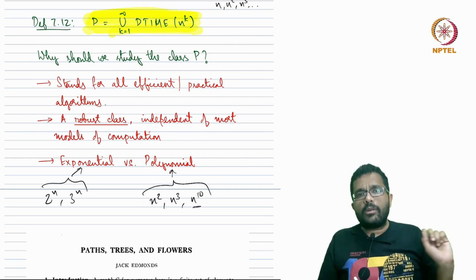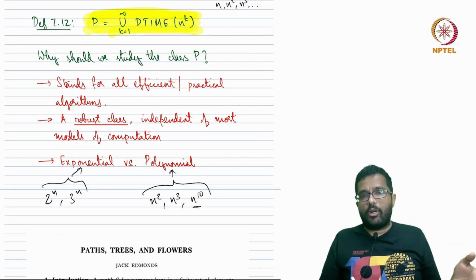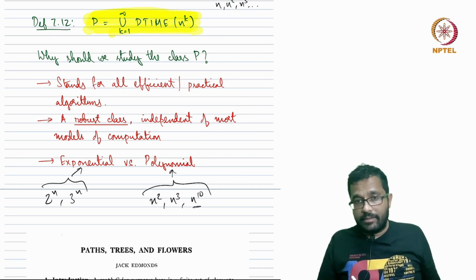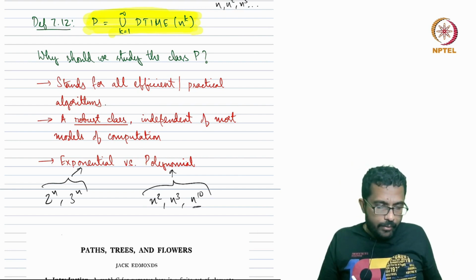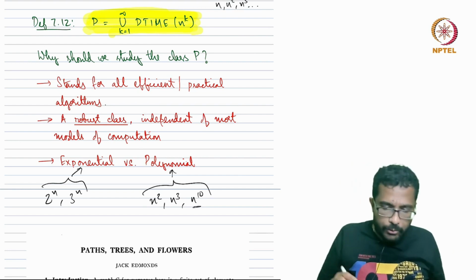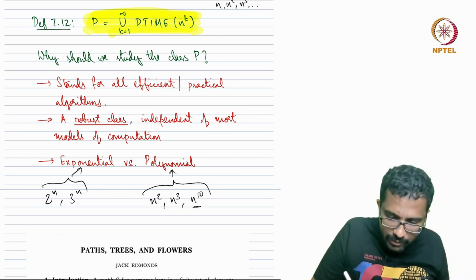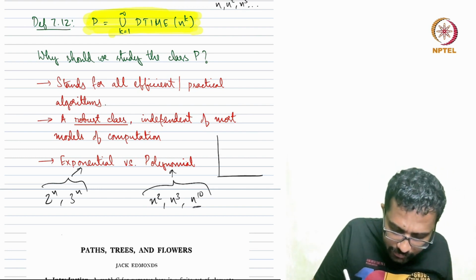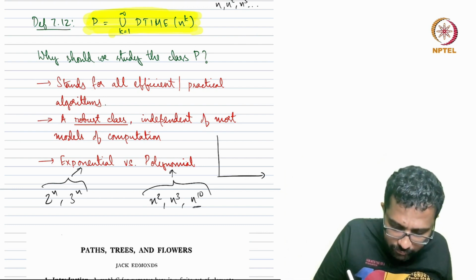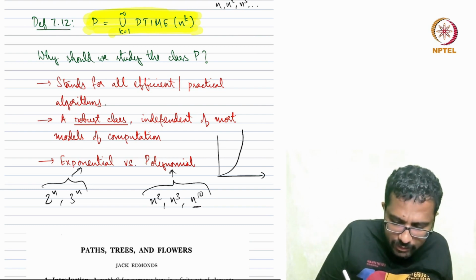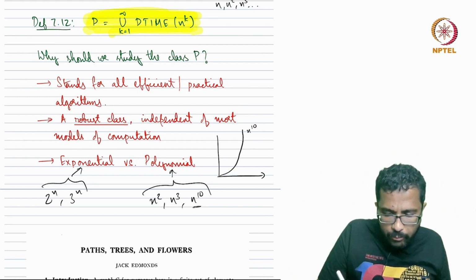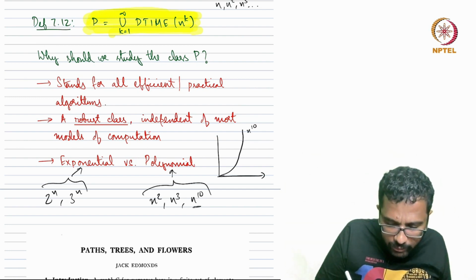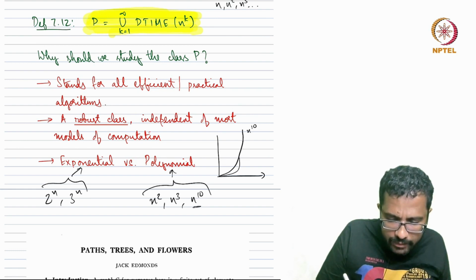Maybe for some small values of n, you will see that 2 power n is small and n power 10 is large. But once n crosses a threshold, it will look something like this. For small values of n, n power 10 may grow something like this, but 2 power n will stay low in the beginning and then suddenly shoot up.